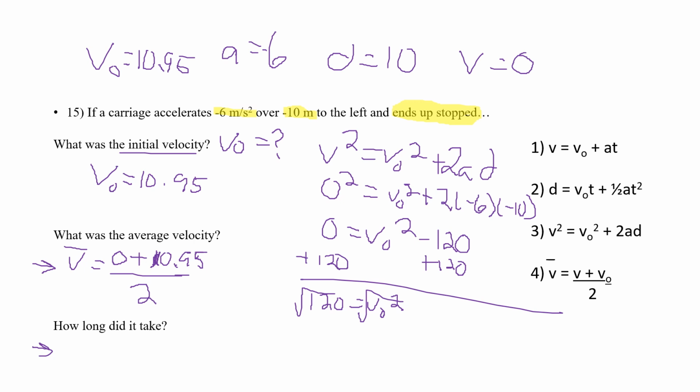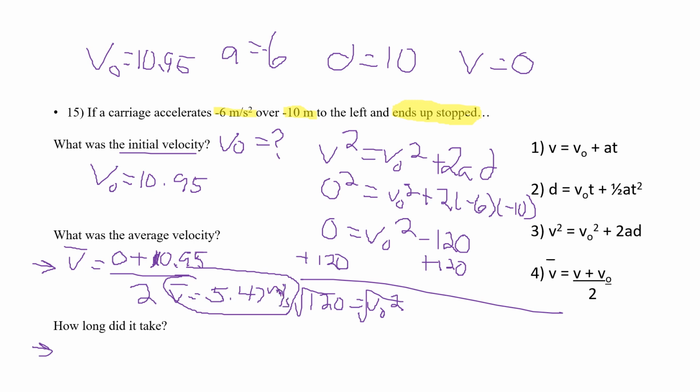So divide that by 2. You get like 5.475 or something like that. I don't know. 5.47. Whatever. I know you can round that, but let's just call it 5.47 meters per second.